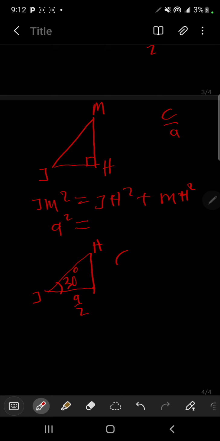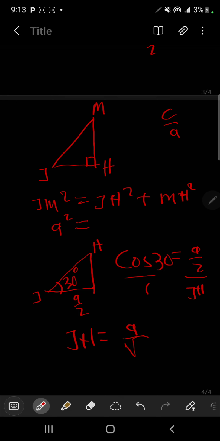So we can use the ratio. Cosine 30 is equal to the adjacent, which is A over 2, over the hypotenuse JH. You can cross multiply, and if you do your calculations well, you get JH is equal to A over square root of 3.